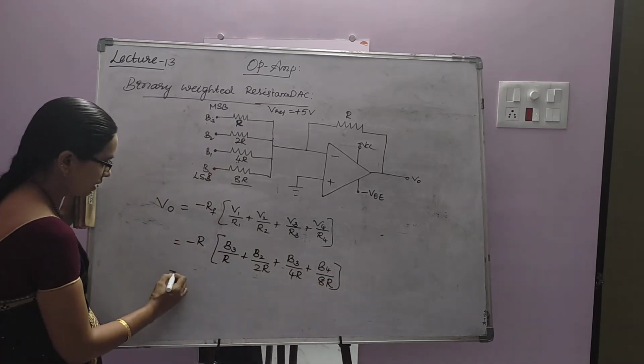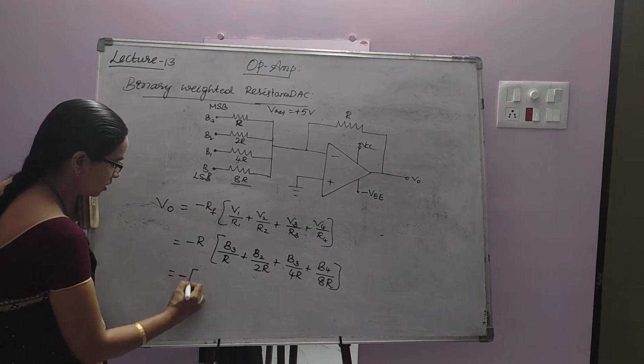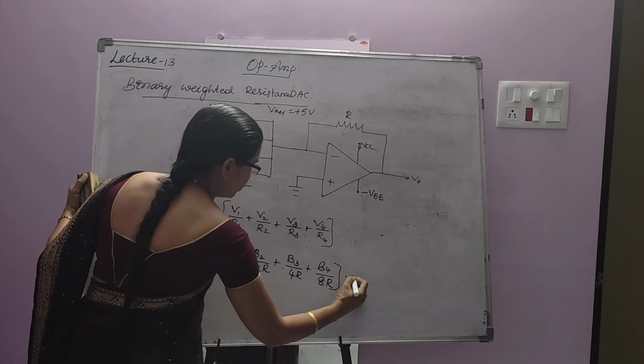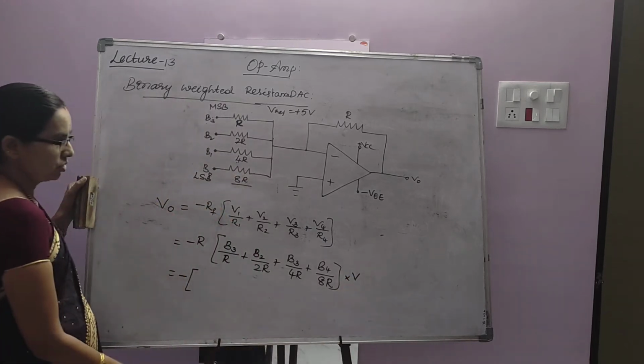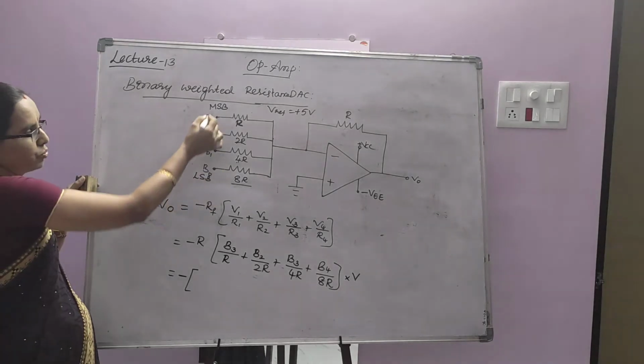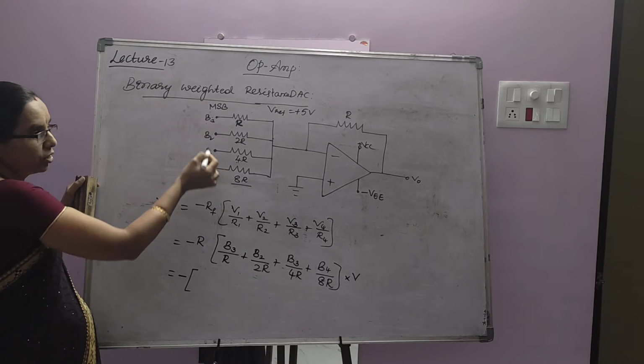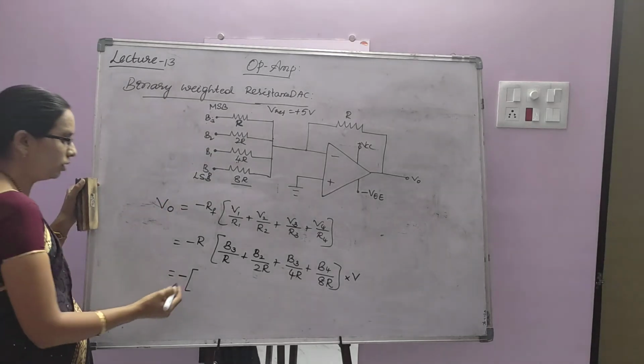So R will get cancelled here, minus into the corresponding voltage. Here we have not drawn them in the circuit, but switches will be there. Either this bit input should connect to 0 or 5 volt.